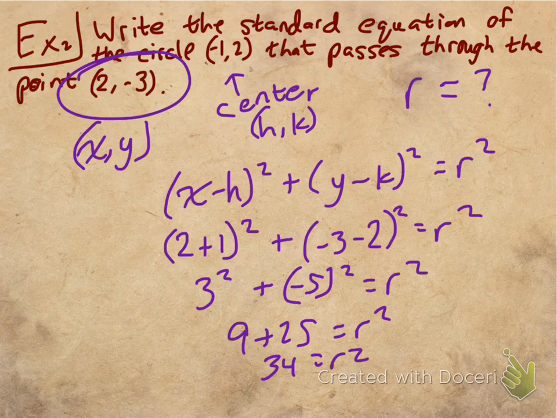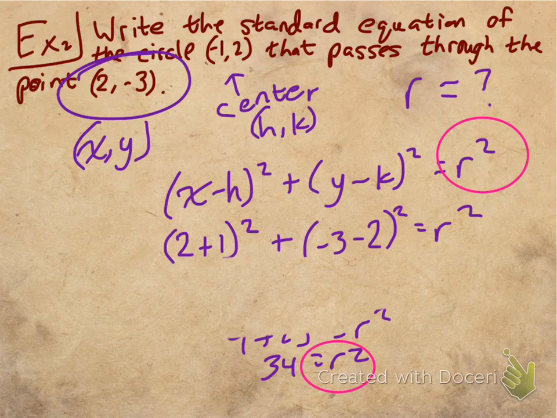Now, a lot of people are going to be tempted to then take the square root, say r equals rad 34, and then if it's another number, they would try to simplify the radical. There's no need to do that because the equation calls for what? It calls for r squared in the equation. It doesn't ask for r. So we already have r squared, which means now we can write the standard equation. So I'm going to erase this at the bottom to give us some room.